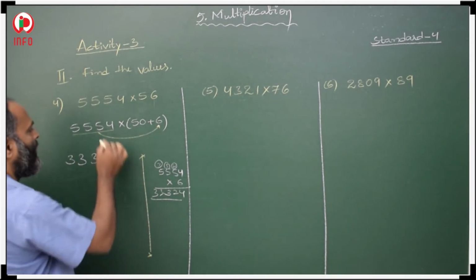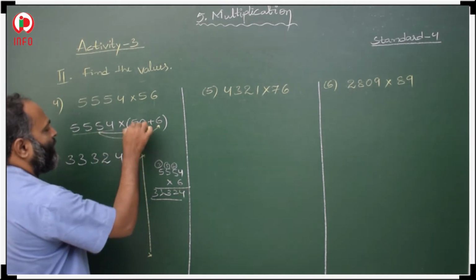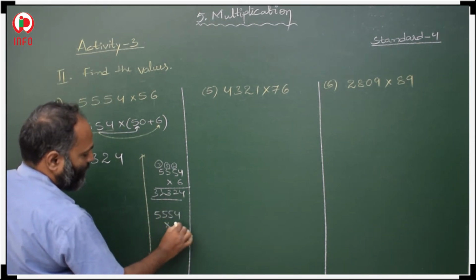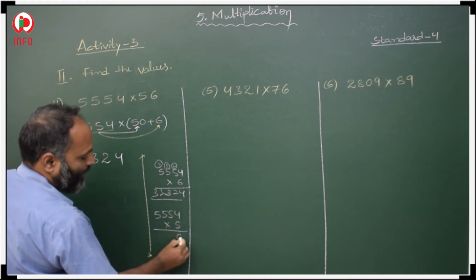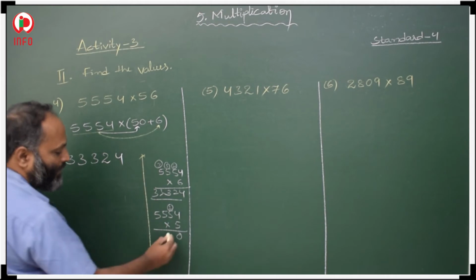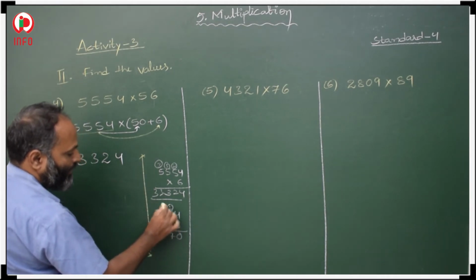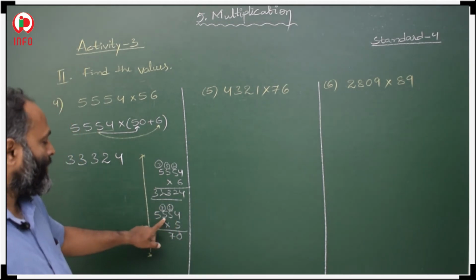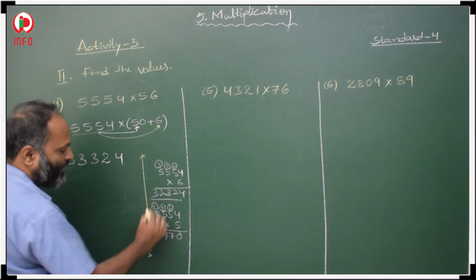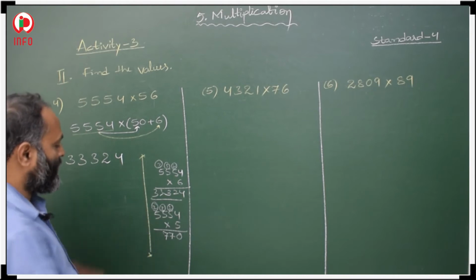Now, 5,554 with 5. 5 4s are 20 and carry 2. 5 5s are 25, 26, 27, 7 and carry over on hundreds. 5 5s are 25, 26, 27, 7 and carry over here. 5 5s are 25, 26, 27.